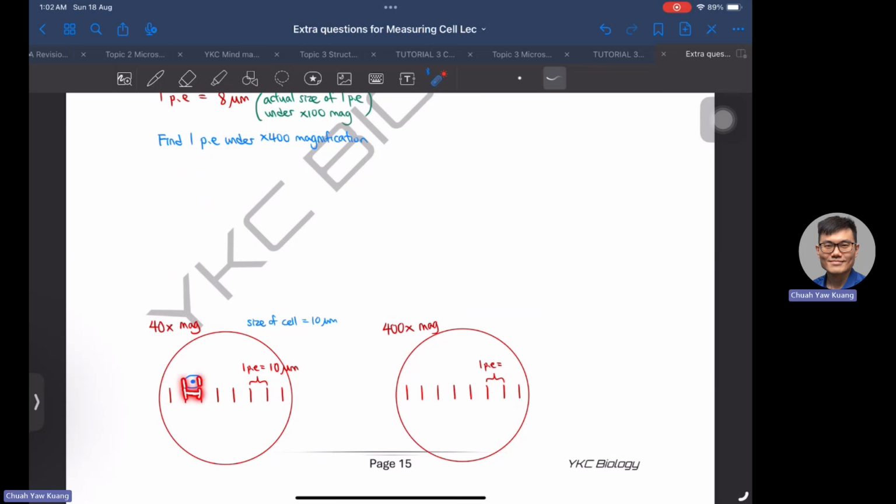Because the size of the cell is 10 micron, and the size of one pitch is 10 micron. So you can see the cell is only one pitch. But under 400 times magnification, you can see that the size of the cell will be increasing a lot. So now we can see that the cell will be so huge.